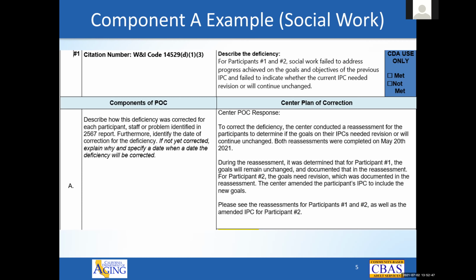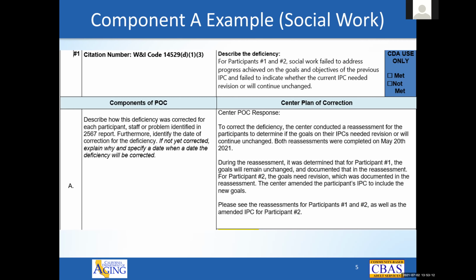So here we have the center outlining that they did have the social workers conduct a reassessment for both participants. They needed to determine if the goals on their IPC needed revision or will continue unchanged. They gave the date that the reassessments were completed, and they also said what the outcome of those reassessments were.